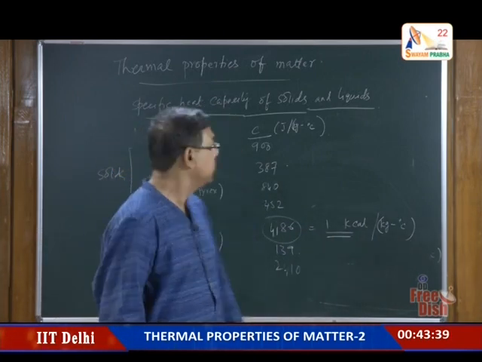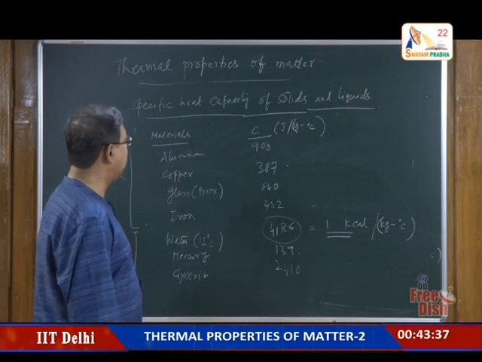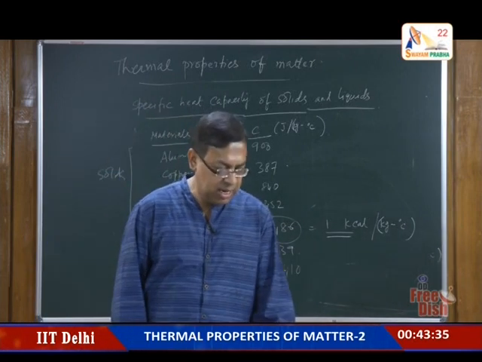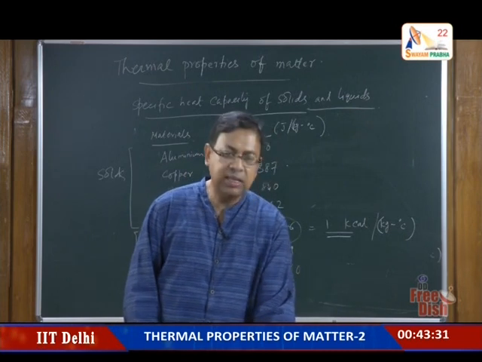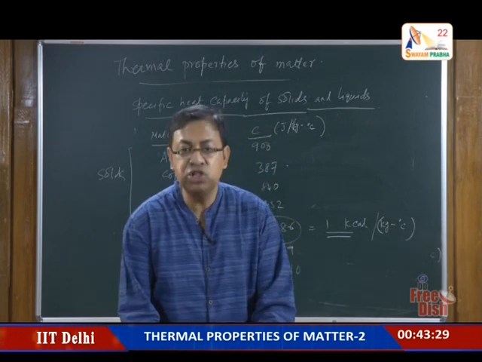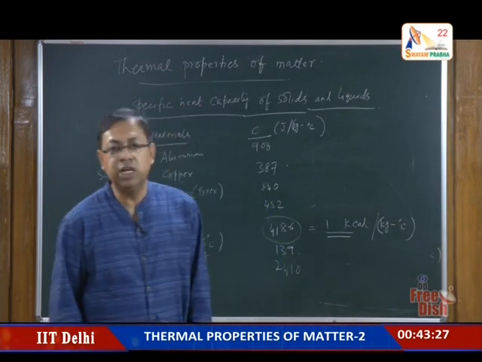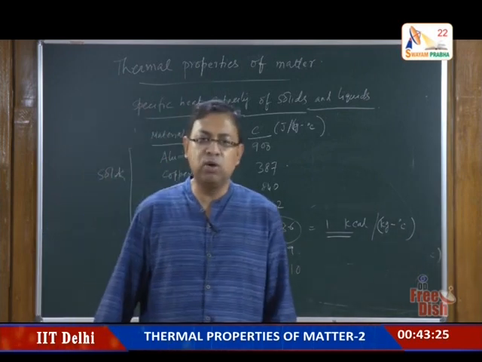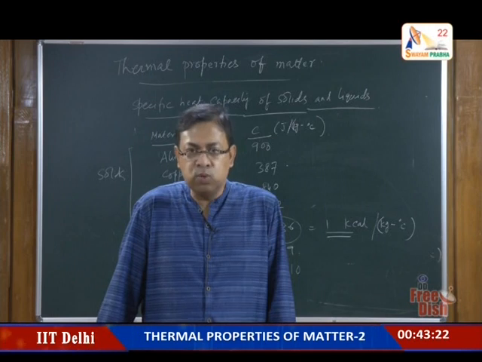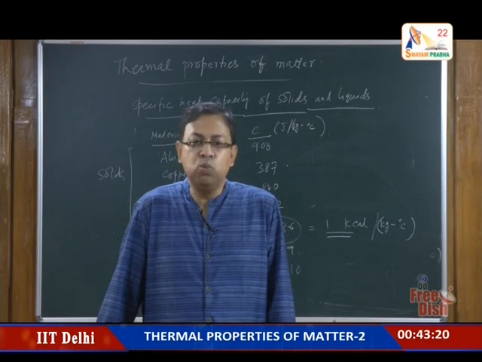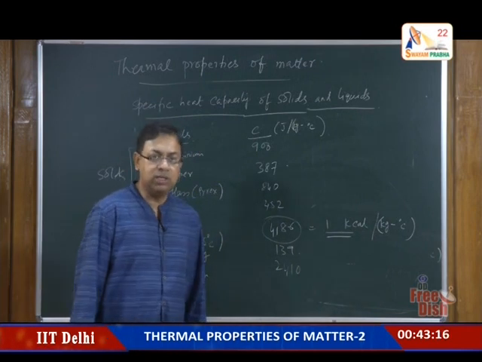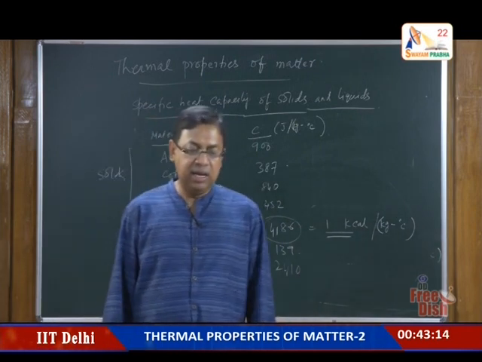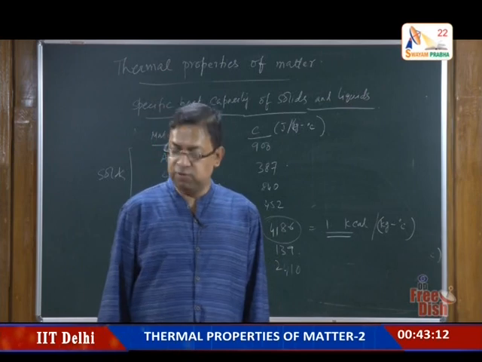So this is the specific heat capacity for solids and liquids, and gases need a special mention, because you need to mention whether you are keeping the gas at constant pressure or at constant volume. This question does not make too much of a difference when you are dealing with solids and liquids, but for gases it definitely makes a lot of difference.